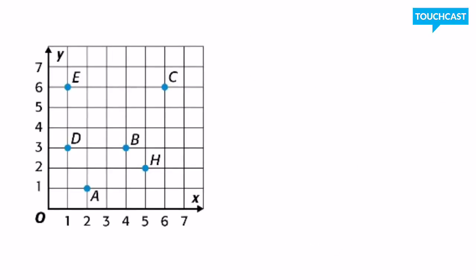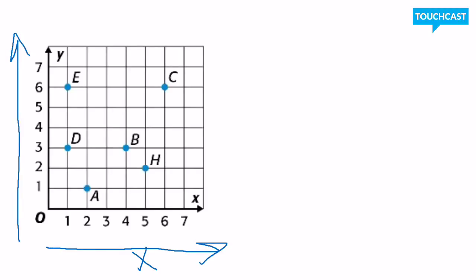Friends, we are transitioning our understanding from looking at a grid as just a way to map things to having very specific language we can use to talk about coordinate grids. The first thing to take away from this video is that coordinate grids are made up of an x and y axis. X goes horizontally, y goes vertically. Both axes meet at the origin, or point 0, 0, because that's 0 on the x-axis and 0 on the y-axis.